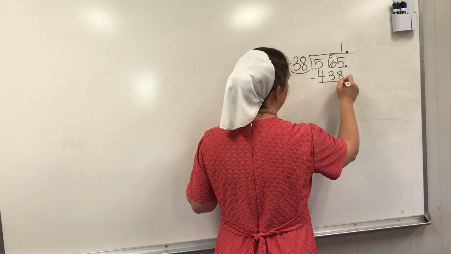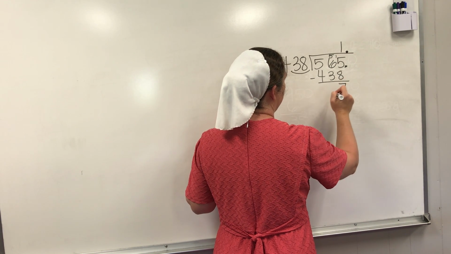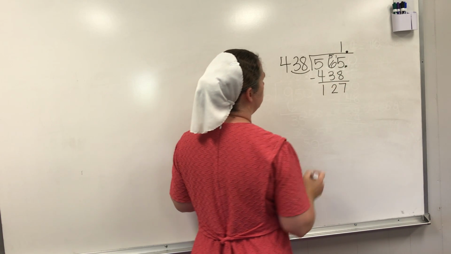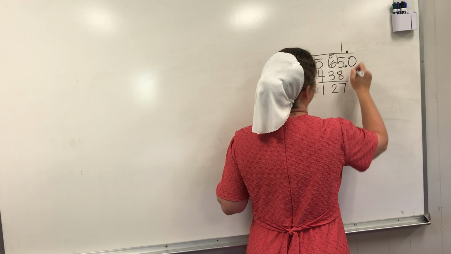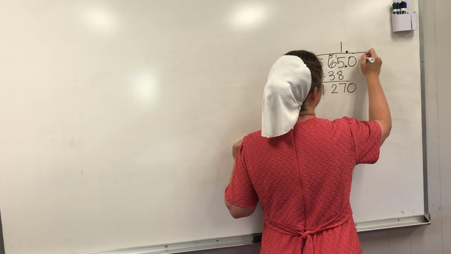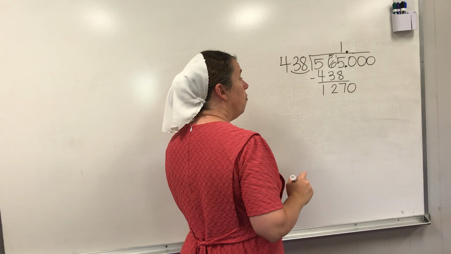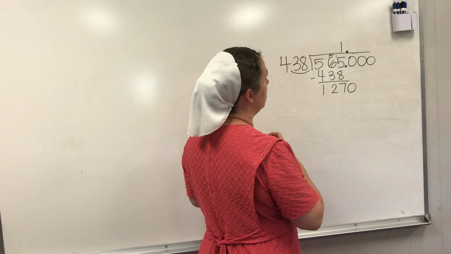Emily, 15 take away 8. 7. 5 take away 3 is 2. 5 take away 4 is 1. Bring your 0. We're going to have to add some zeros because we're going to be rounding to the nearest cent. Okay? 438 into 1270.